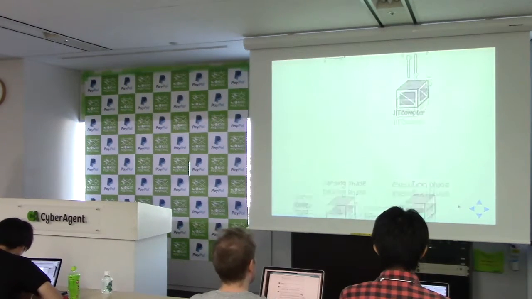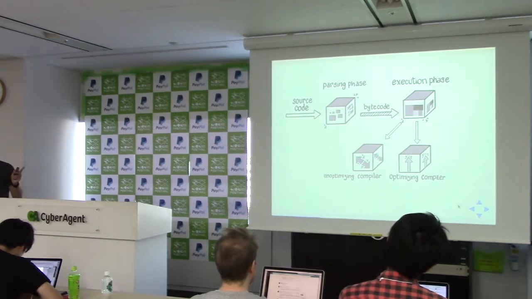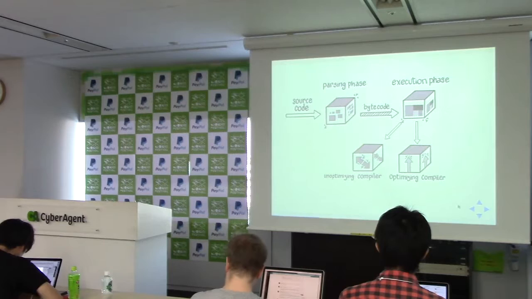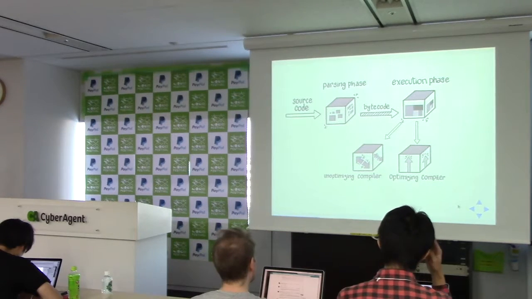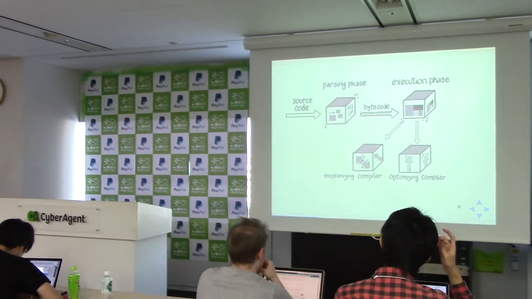So, the basis for most engines that we are going to see, it's an interpreter, what we had on the previous slides, and two compilers. One that optimizes compilation time on the left, and another one on the right that optimizes execution time.